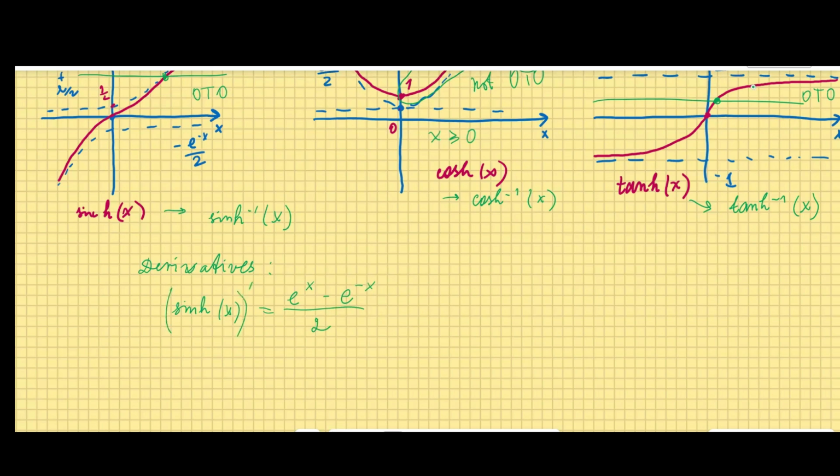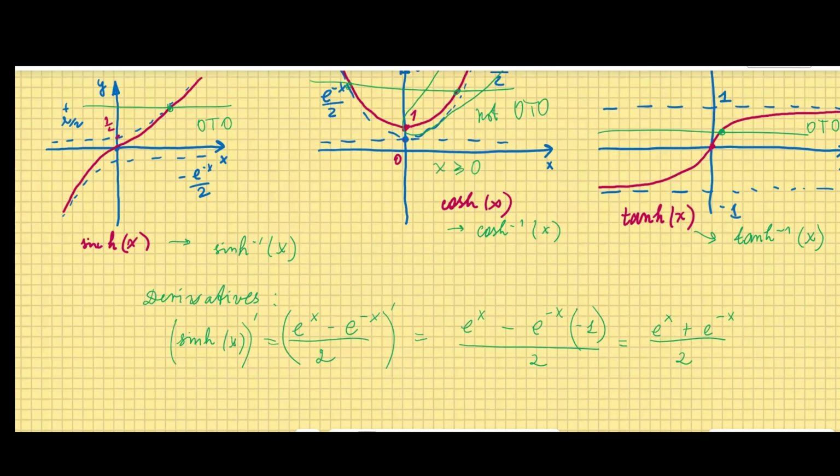Now, if I differentiate it, what is going to be the derivative of hyperbolic sine? Well, let's differentiate it. For e to the power of x, we know the derivative is still e to the power of x, minus, and for e to the power of negative x the derivative is e to the power of negative x. But when we differentiate negative x, we are going to get -1 in front, and that's going to give us a second minus over here. Then we copy over 2 because it's a constant. And if we simplify this expression, we are going to have e to the power of x plus e to the power of -x over 2.